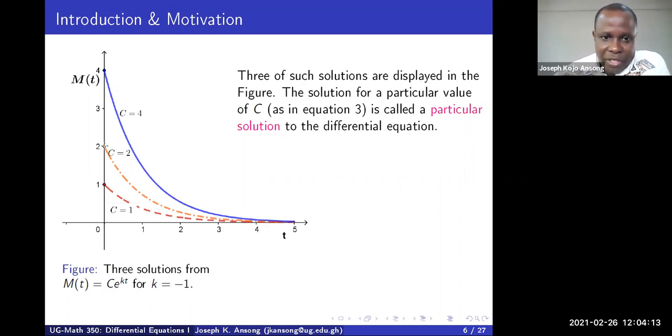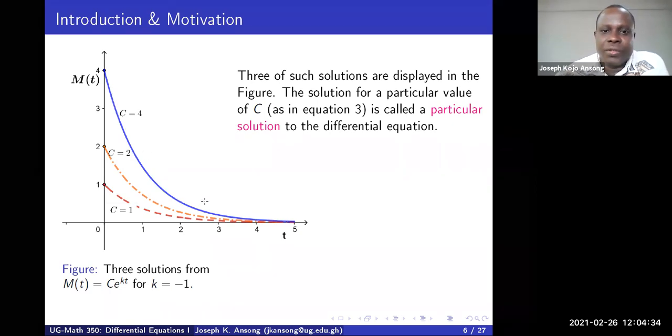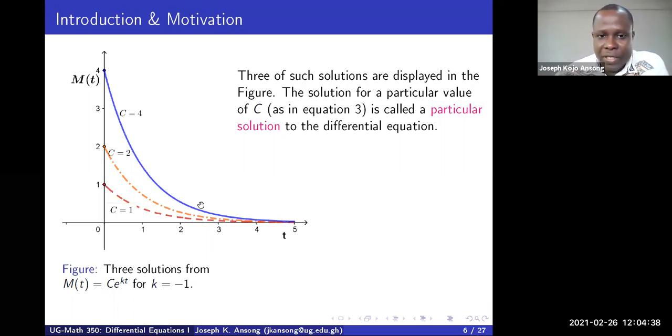If at t equals 0 my m is 2, then I know c, right? So I can follow this line here to project the population of mosquitoes at different times. The same thing for this one. So you see that for each c, you're going to have several of these solutions. Okay, so one of them will be a particular solution. For instance, if I pick this one, then that will be a particular solution to the differential equation.